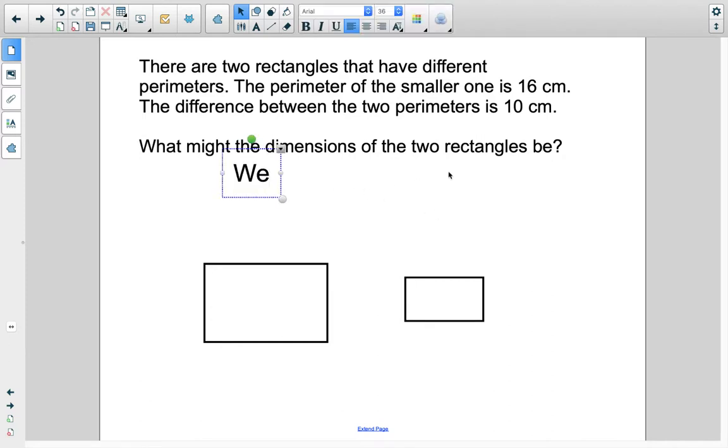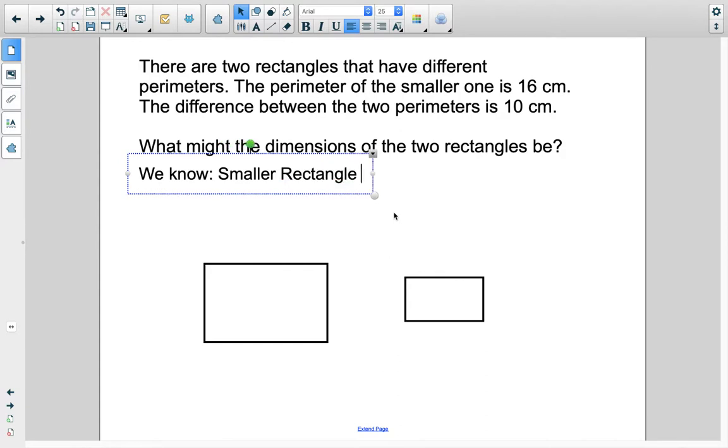So we know, I'm just gonna make this smaller. What do we know? We know that the smaller rectangle has a perimeter of 16. Don't know its dimensions.